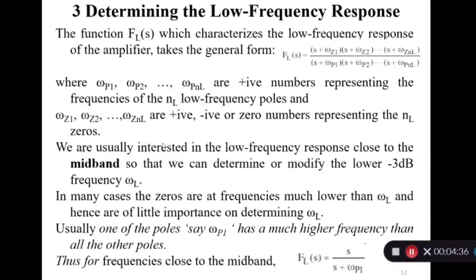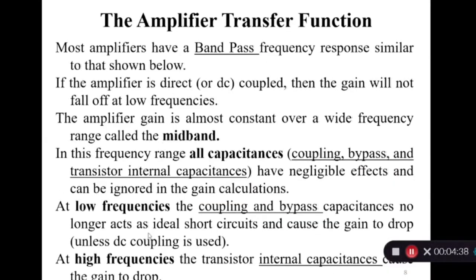Going back again here. In the mid-band range, all the capacitors, coupling like C1, bypass CS, and the internal capacitance of the transistor, have negligible effect and can be ignored in the gain calculation.